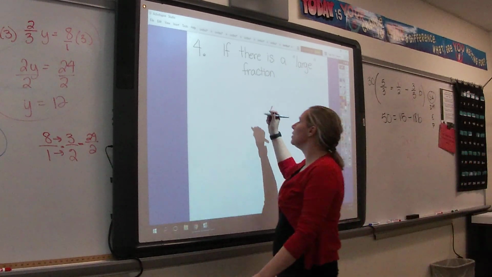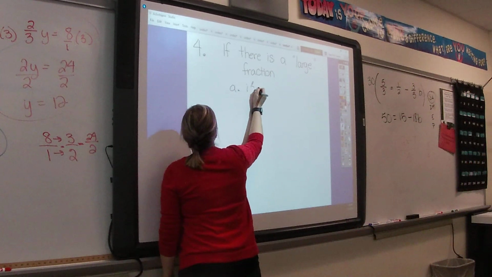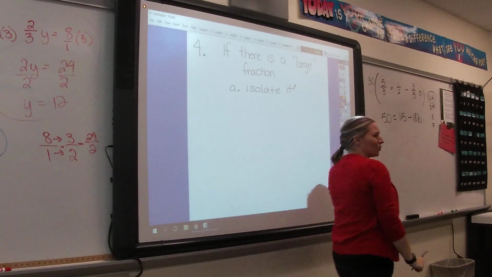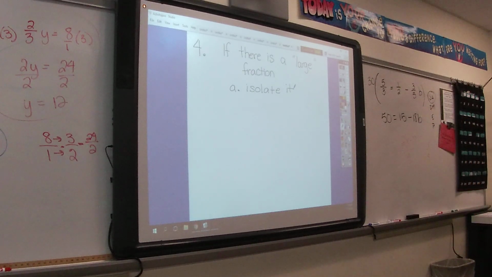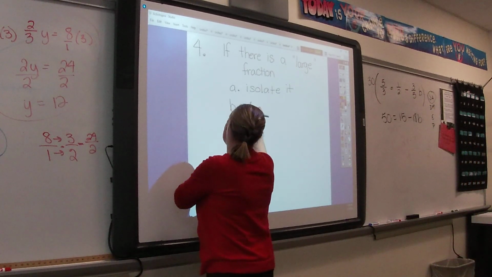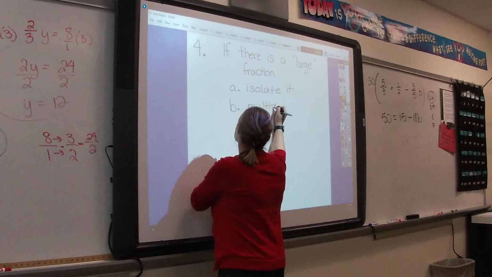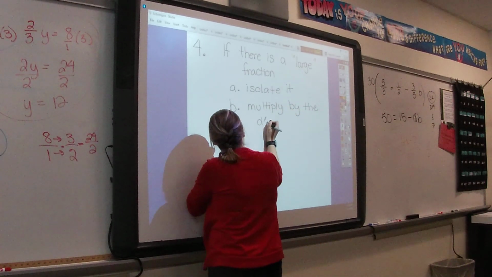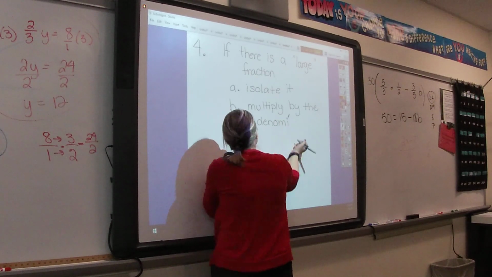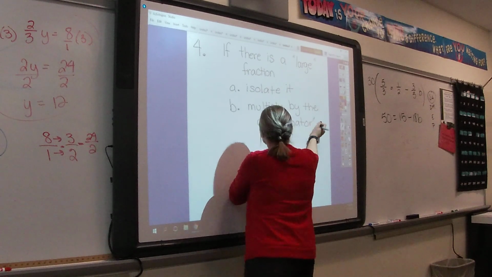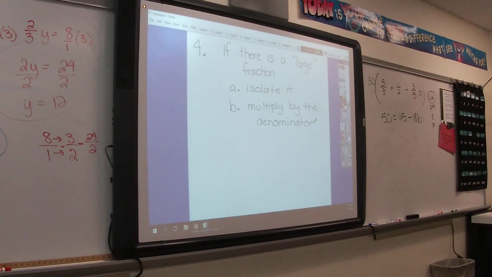Okay, so if there is a large fraction, we need to first isolate it. There's a big word. What does the word isolate mean? Get it by itself. And then we're going to multiply by the denominator, which is the idea we have been talking about. There's not really a whole lot of new information there.